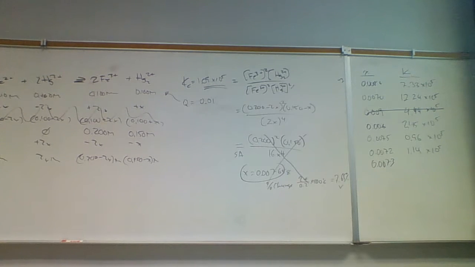Or 1.079. Wow. 1.079 times 10 to the fifth. This is almost, this is 1.08. So close. But I want 1.09. I mean, that's to 3 sig figs. We've got to get it to 1.09.